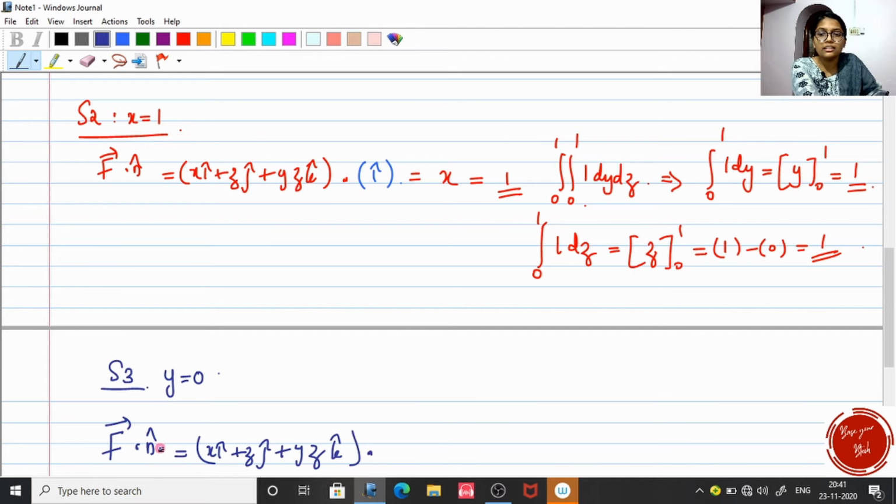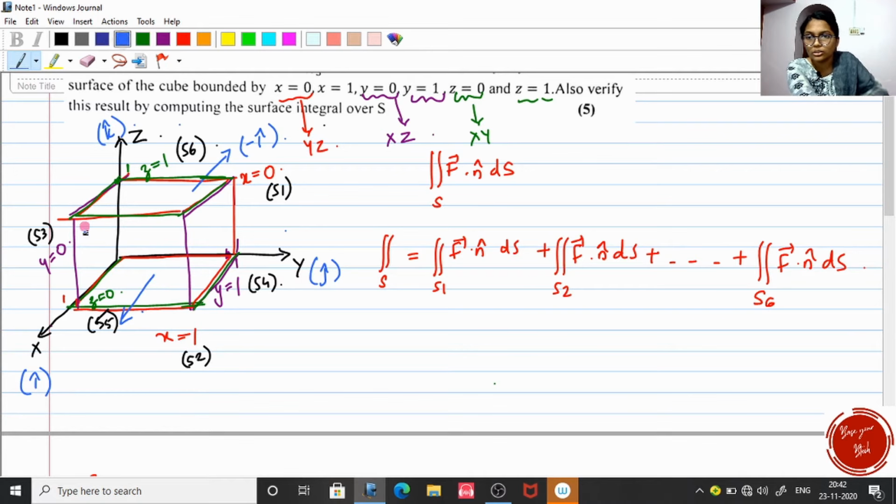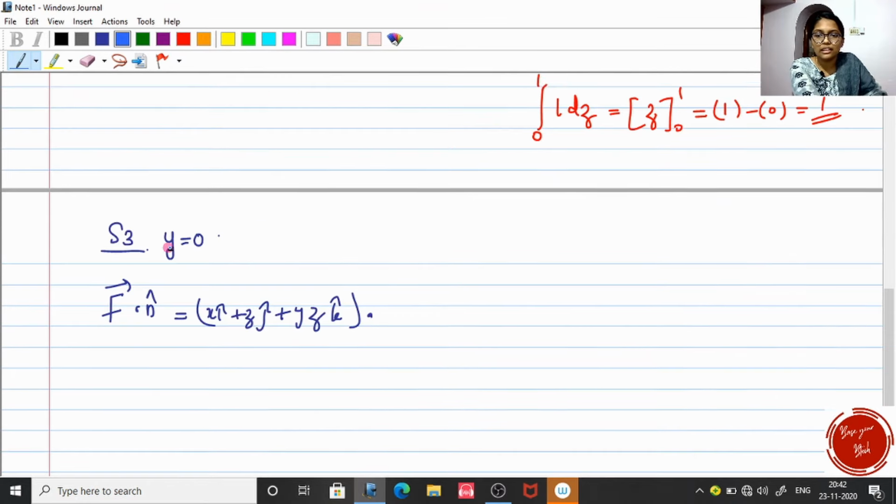N cap here is the unit vector perpendicular to the S3 surface. So, that will be in this direction, which is against the positive y axis, or we can call it the negative j direction. So, your n cap is negative j. Doing zj dot minus j, z into negative 1 is negative z, and that is it.